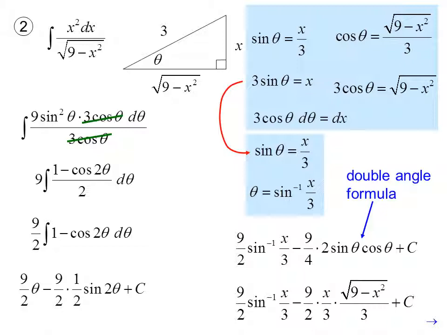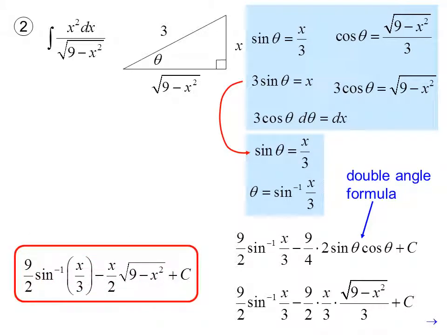Finally, substituting back in, we get 9/2 inverse sine x over 3 minus 9/2 times x over 3 times radical 9 minus x squared over 3 plus c. Simplifying, we get 9/2 inverse sine x over 3 minus x over 2 radical 9 minus x squared plus c.